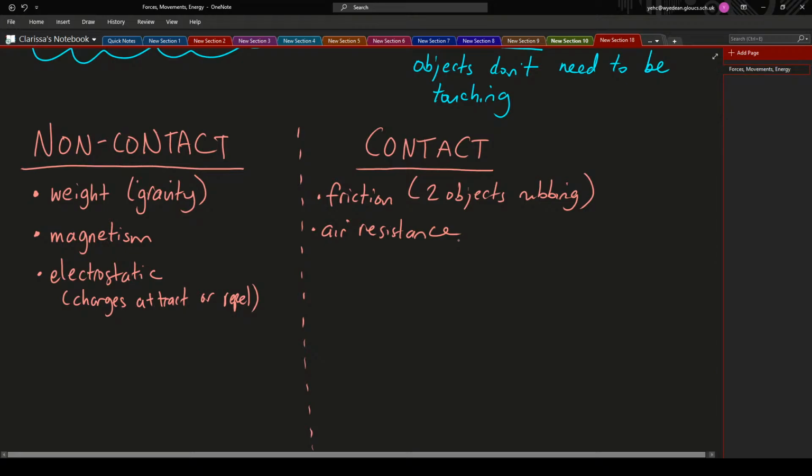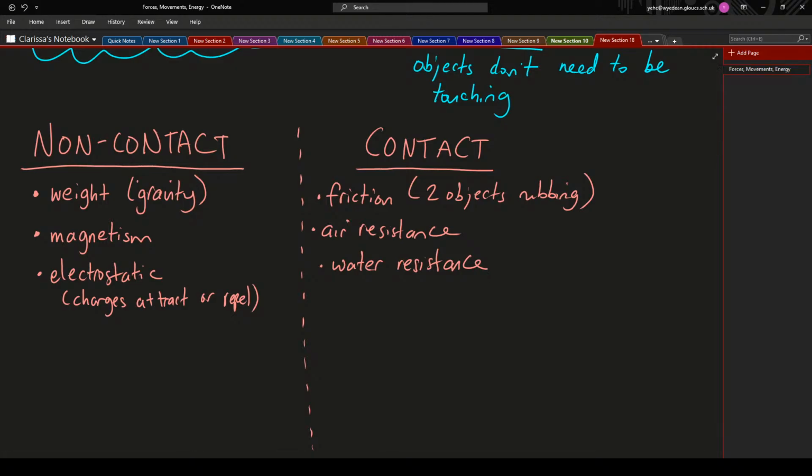It's not just empty space, even though you can't see anything and it looks like empty space. So when you are moving along, there's contact between the air particles and you that creates this air resistance force. Same goes for if you are in a liquid and we have water resistance. The particles of the water, if you're swimming along, push back against you, and we're in contact with that water, so it's considered a contact force.